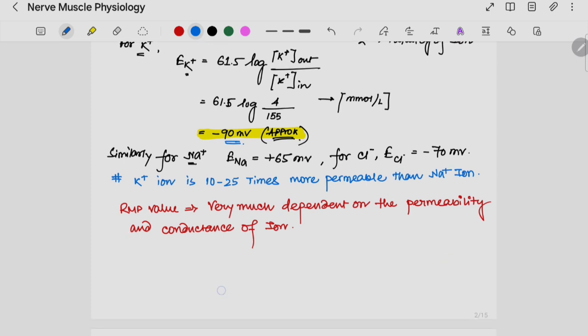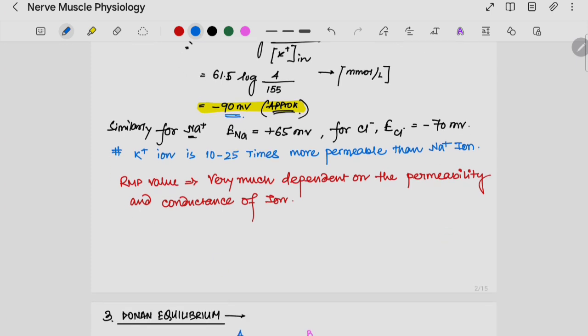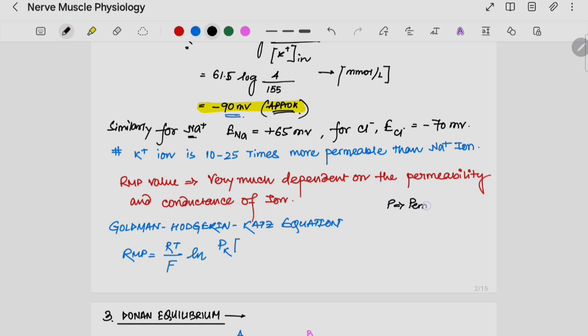For that we have an equation known as the Goldman-Hodgkin-Katz equation, where RMP equals RT by F natural log of P of potassium ion, where P stands for permeability, right?